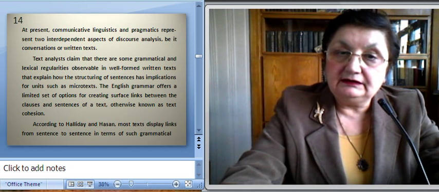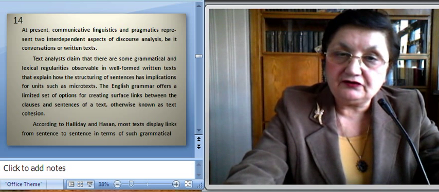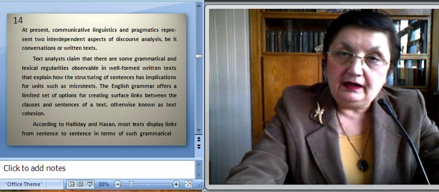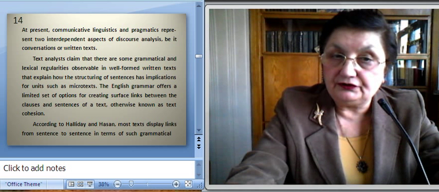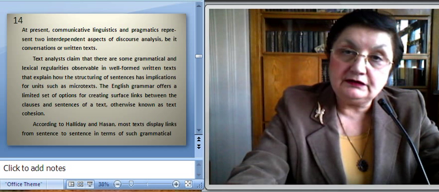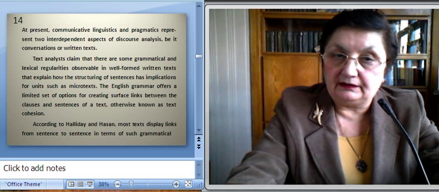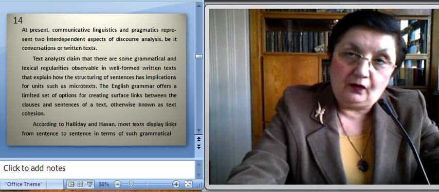English grammar offers a limited set of options for creating surface links between the clauses and sentences of a text, otherwise known as text cohesion.